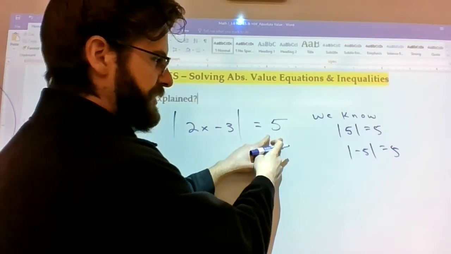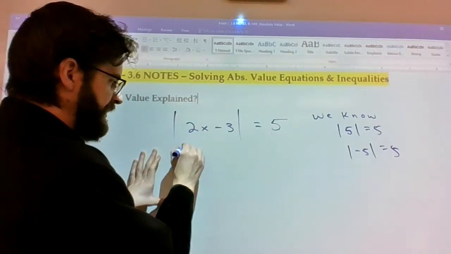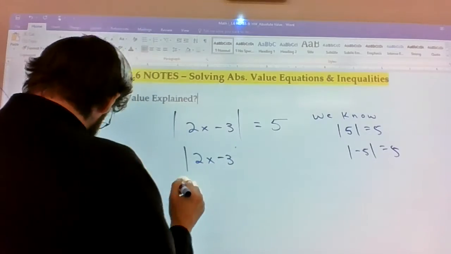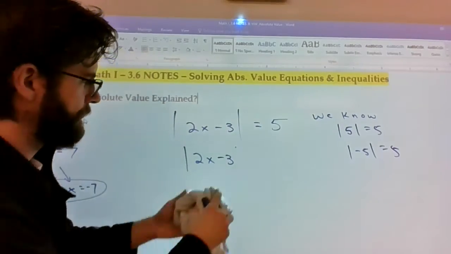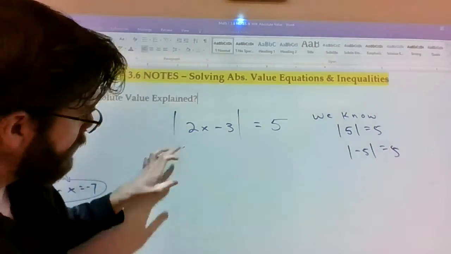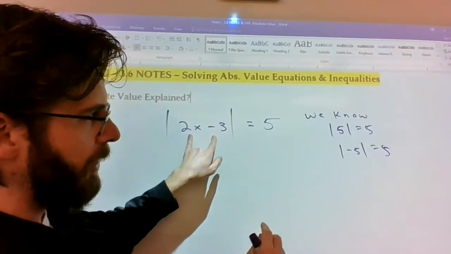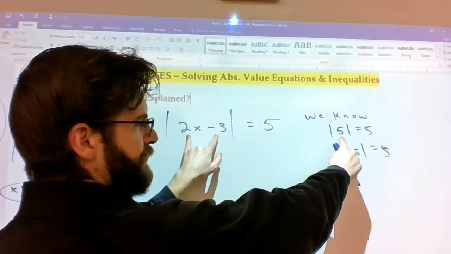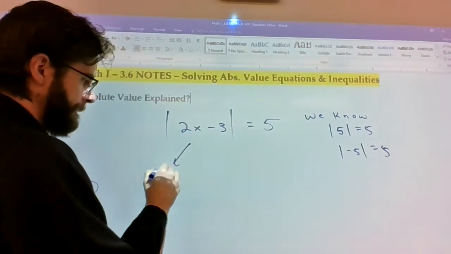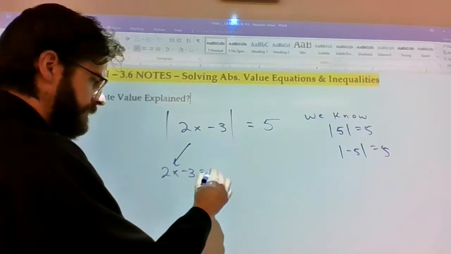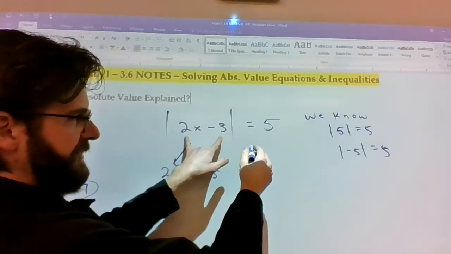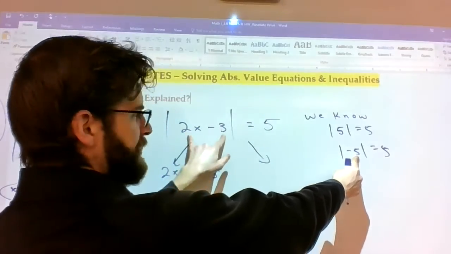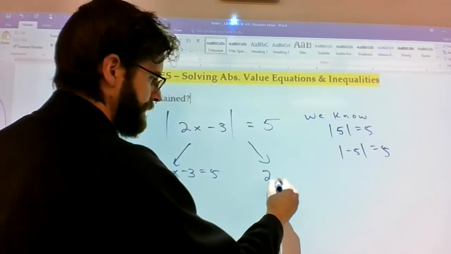So what we're doing is, sorry, I misspoke. We're going to set the stuff inside the bars equal to the stuff inside the bars. 2x minus 3 equals 5. Then we're going to set the stuff inside the bars here to the stuff inside the bars there. 2x minus 3 equals negative 5.